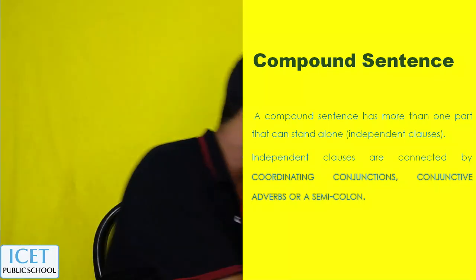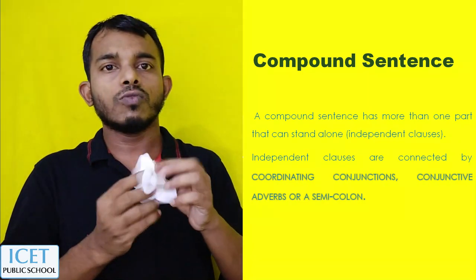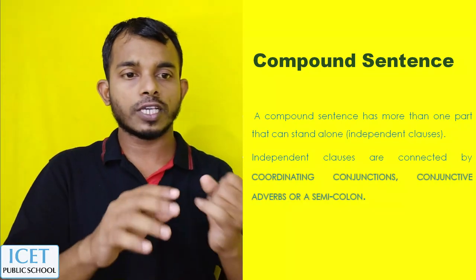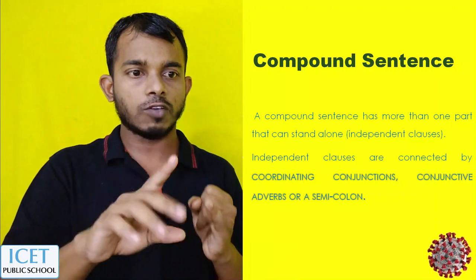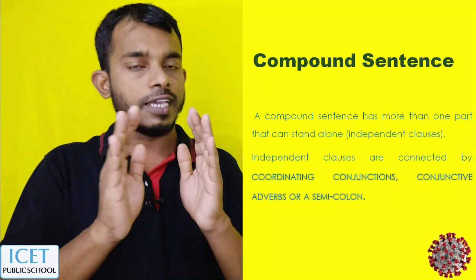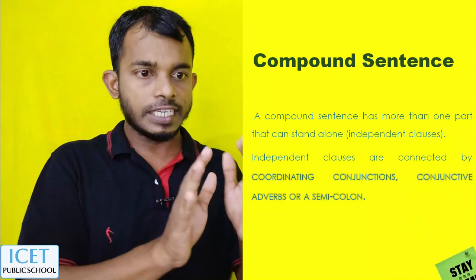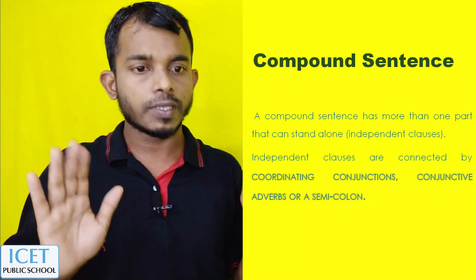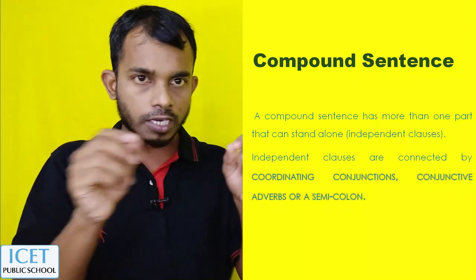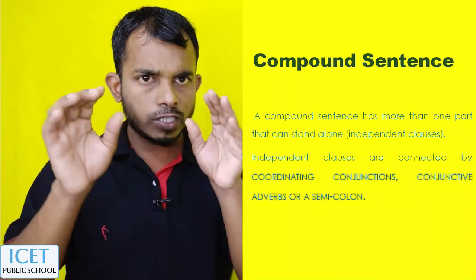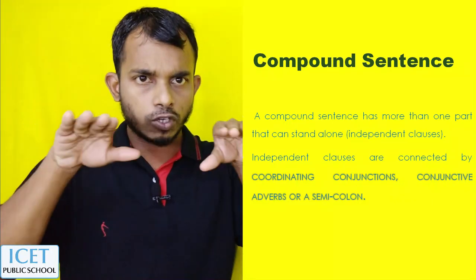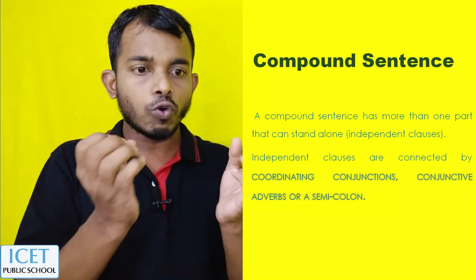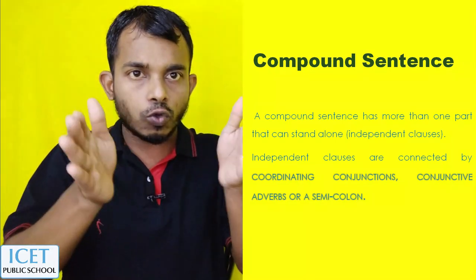So let me take what I said. A compound sentence has more than one part. Keep in mind, it will have more than one part that can stand alone. That means both clauses are independent clauses. Two clauses means two sentences, we can say, two parts of the sentence, that can be connected by a coordinating conjunction, or conjunctive adverbs, or a semicolon.